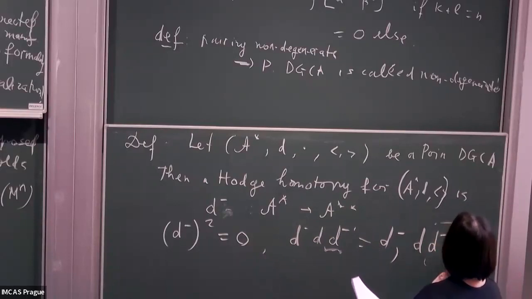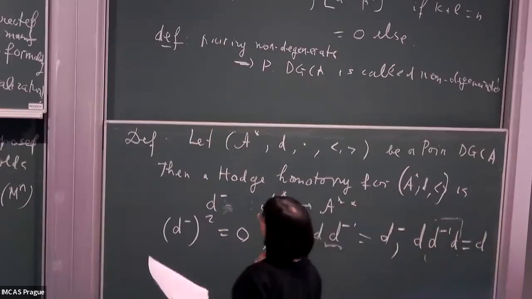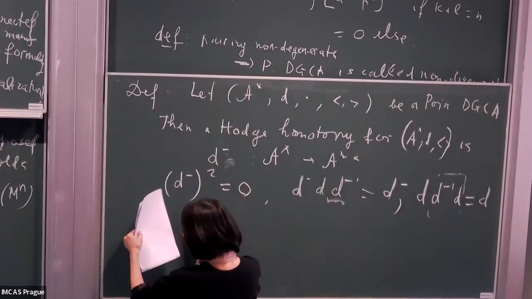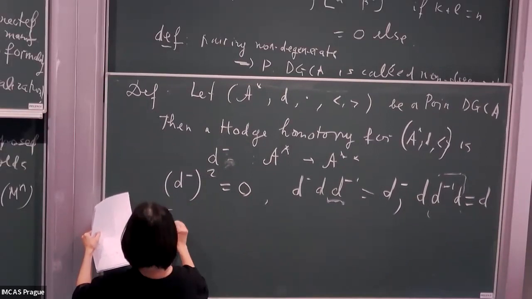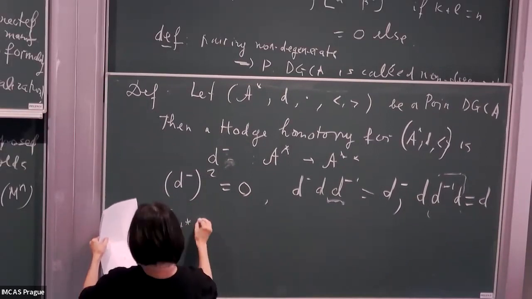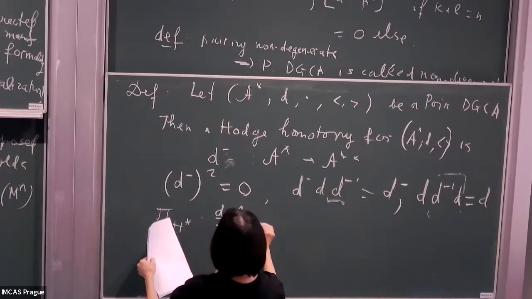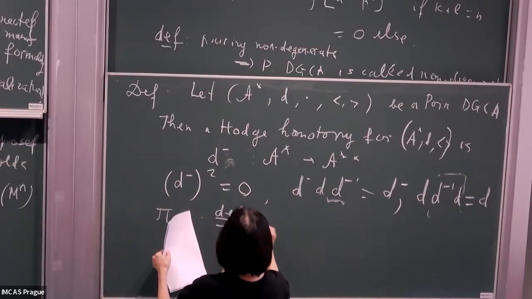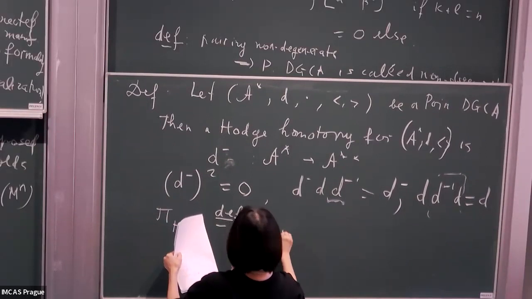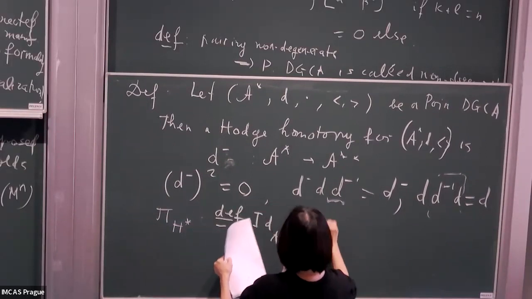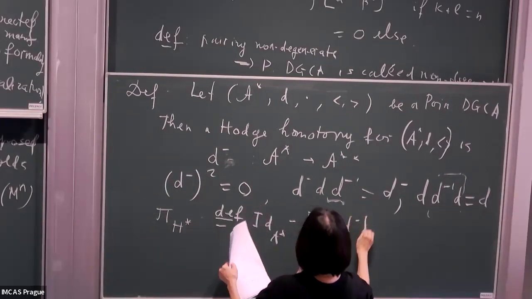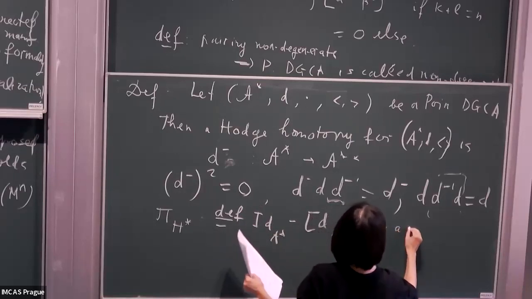So you consider it here like an identity. That simplifies many computations. And the commutator of d and d^- is a projection.